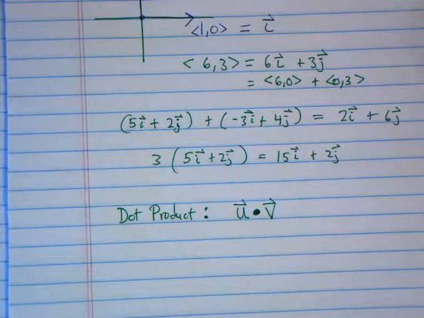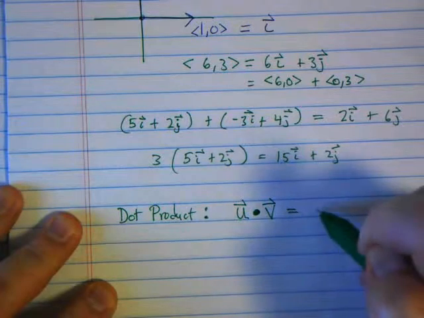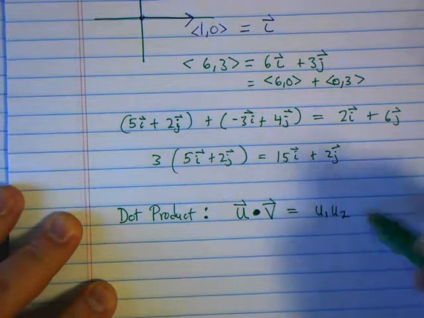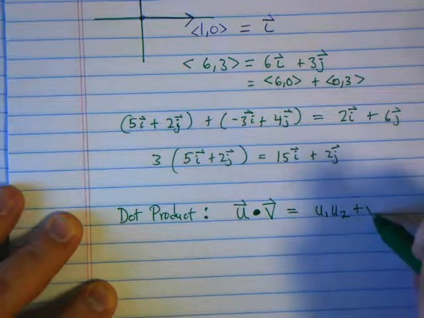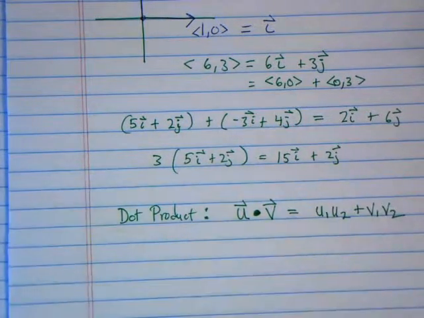This is known as the dot product. What you do is you multiply u1 times v1, and then you add, and you multiply u2 and v2.